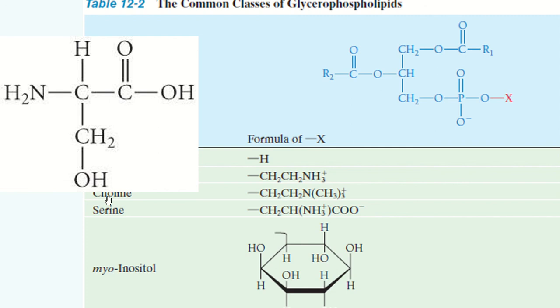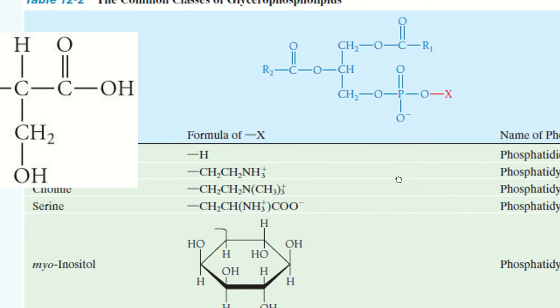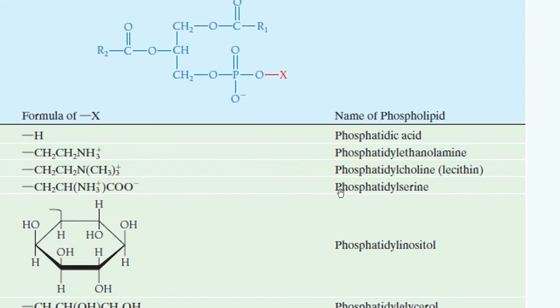This hydroxyl group of serine undergoes condensation with the phosphate of phosphatidic acid, as a result of which this entire part of serine is attached as a polar head group to this phospholipid. The resulting phospholipid produced is called phosphatidylserine.